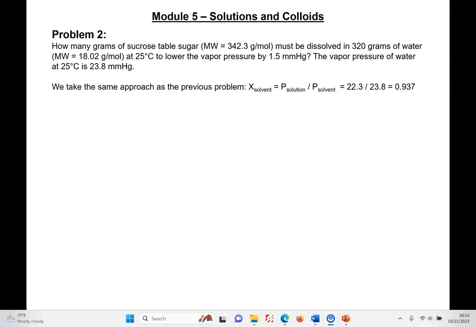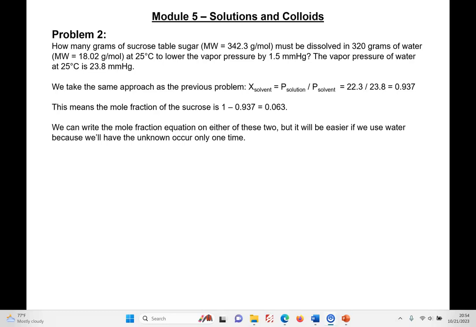So they don't really give it to us directly. We have to calculate it. We have to recognize that that's a thing we could calculate. So 22.3 divided by 23.8, we get 0.937. And that means the mole fraction of the sucrose is 1 minus 0.937, or 0.063.